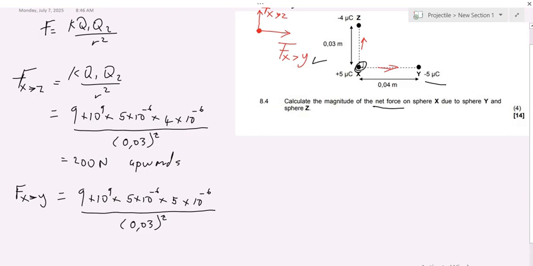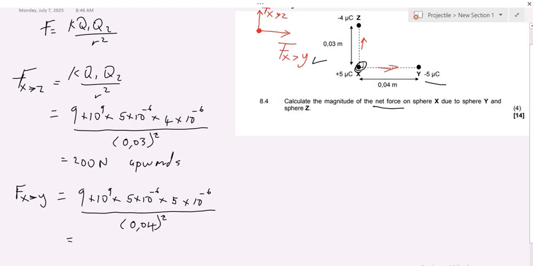The distance is not this one, so let's erase this 3. Now the distance is 0.04. Okay, sweet. So now let's do the calculations.